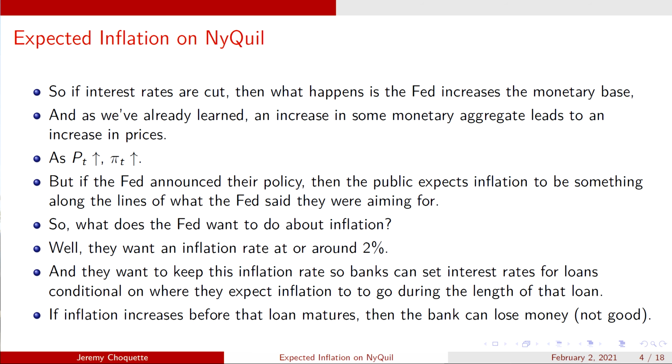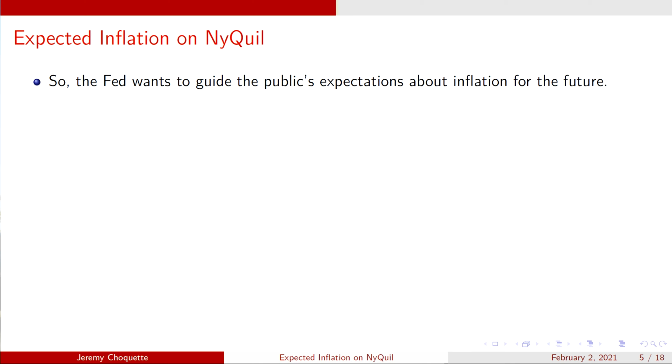Because you'll update your expectations based on what happened with where inflation has gone in the past. If we're making an adaptive expectations assumption here, then that can raise interest rates, or it'll introduce volatility into the markets. It's not really very good. It's not what we want to have happen.